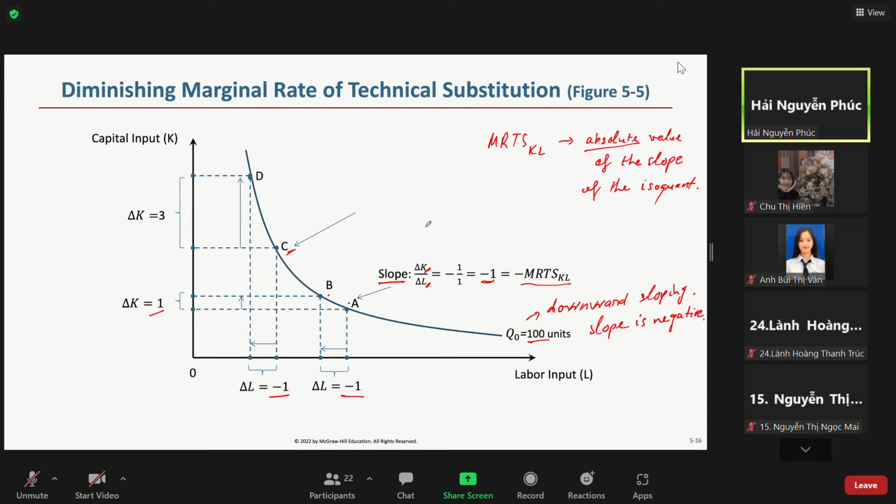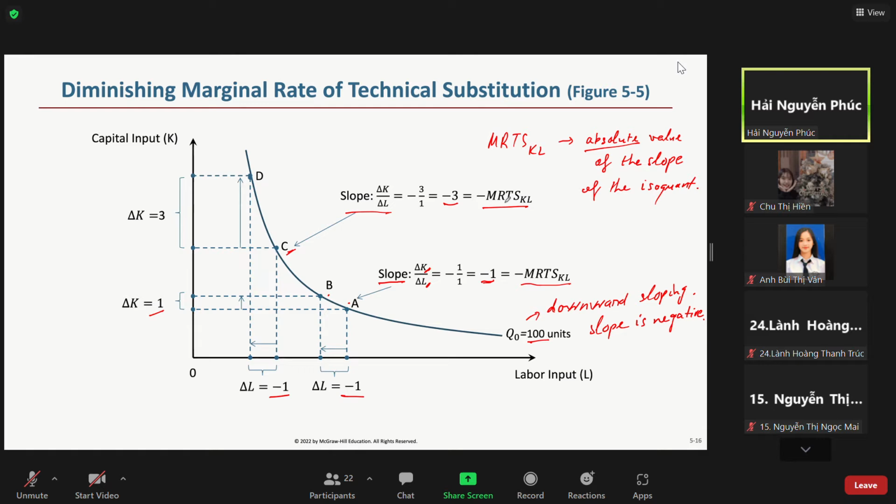So what you can observe in this situation, you can compute the slope, which is equal to delta K divided by delta L, and it is equal to -3. And we say that MRTS, the marginal rate of technical substitution, is equal to 3.